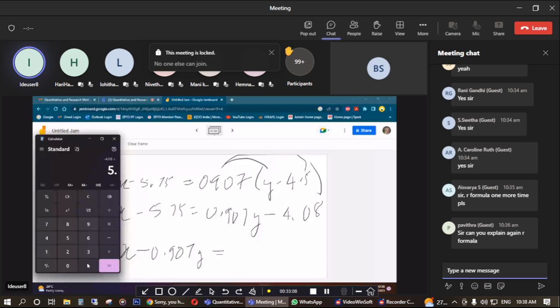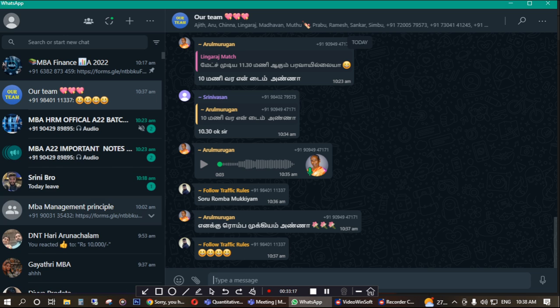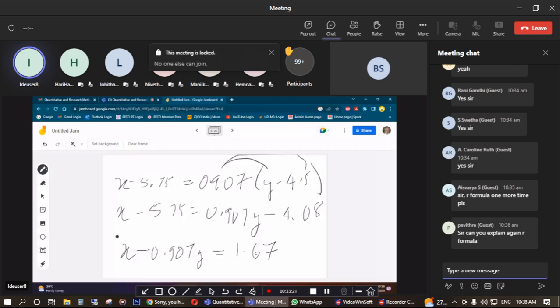How much is this? 1.67. So it is going to be plus 1.67. So this is the regression equation of x on y. Understood?